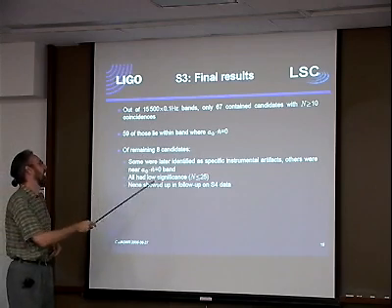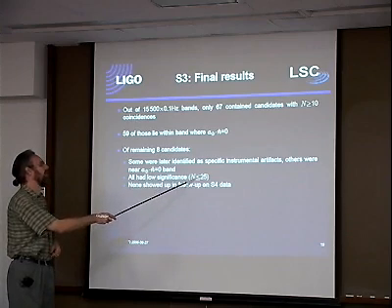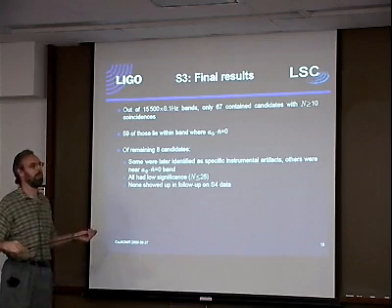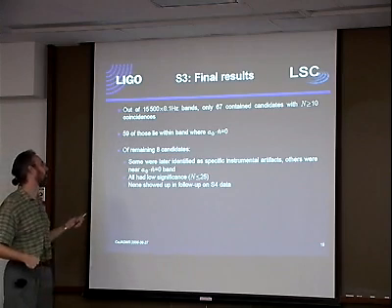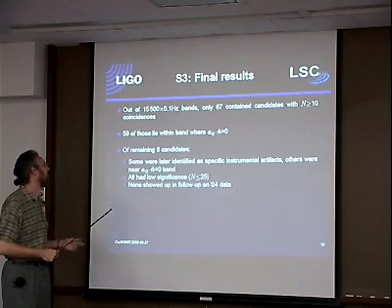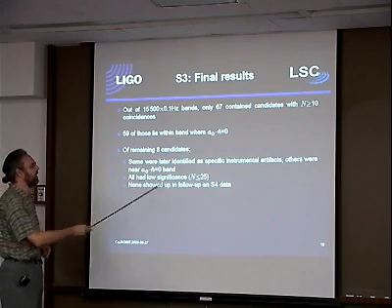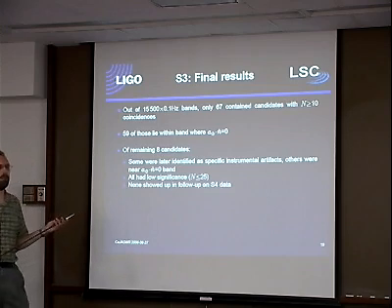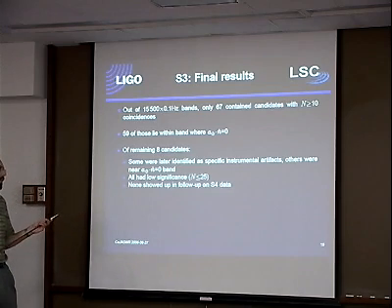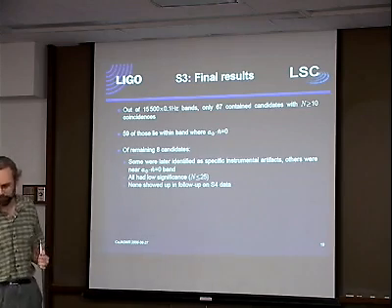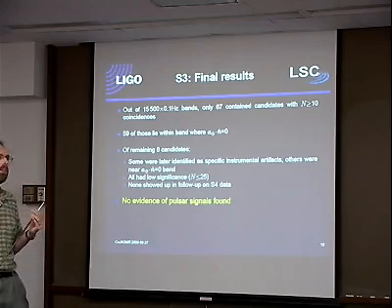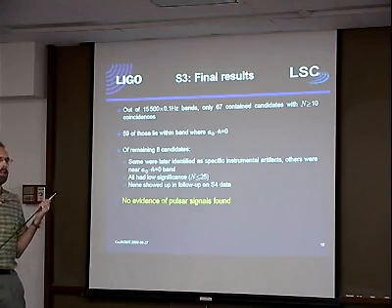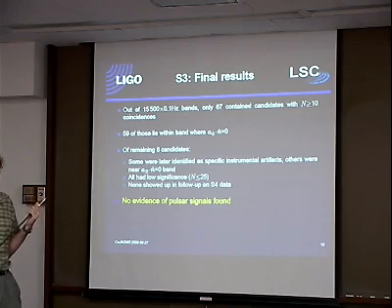All of these 8 candidates were of much lower significance than most of the other things that were in the instrumental band. But most importantly, none of these showed up in a follow-up search of the S4 data. So we conclude that there was no evidence of a pulsar signal found at the level of sensitivity that we had for the S3 science run.